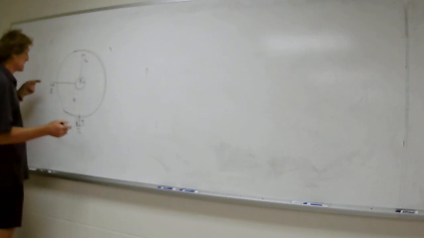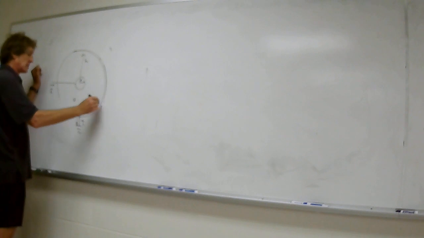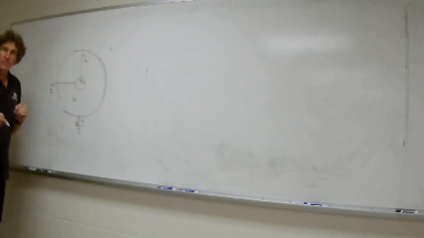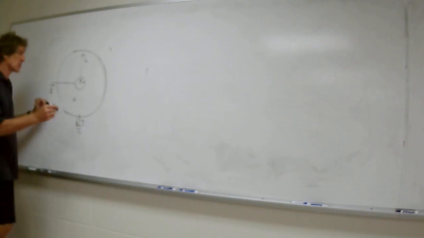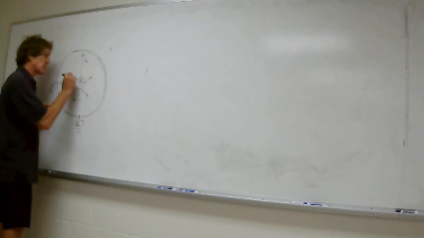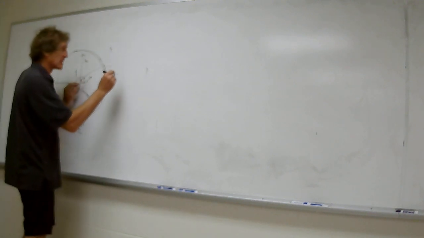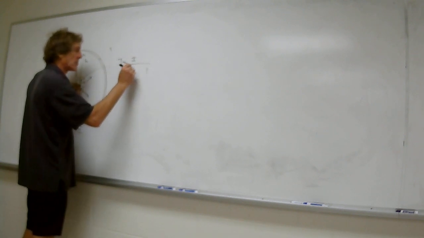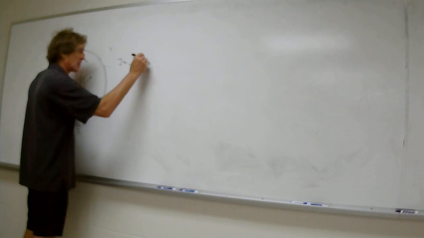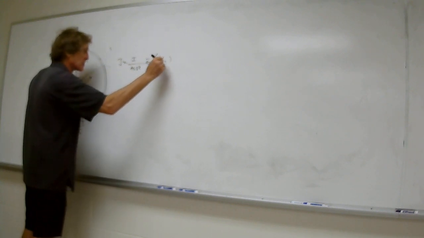Everything that flows in will flow out and be uniformly distributed on the outer shell. Basically, it's a spherically symmetric current. So you'd have current this way. The actual current density J would be I over 4 pi r squared a_r, amps per meter squared, right?